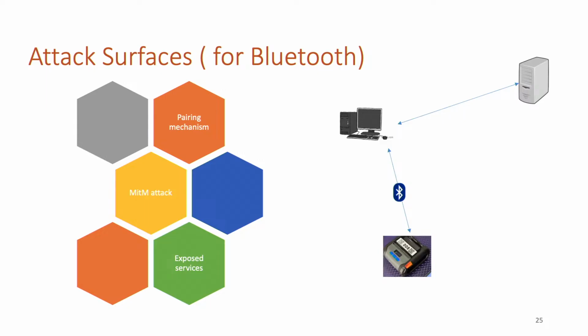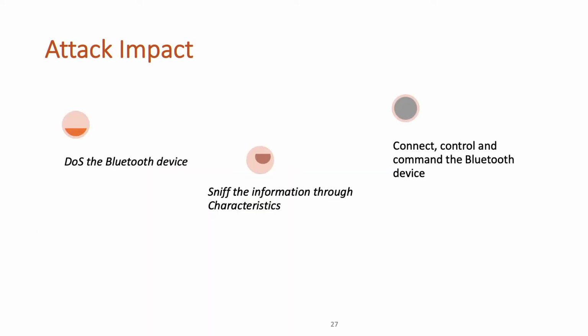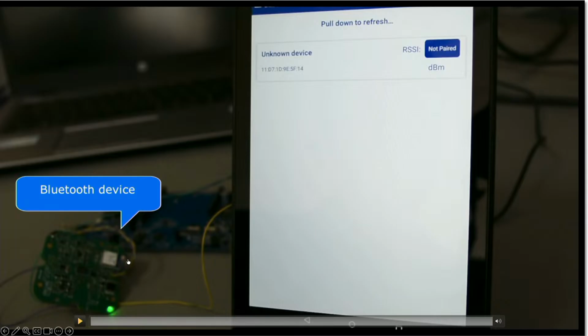If he can modify the GATT services, he can first of all malfunction the device or shut it down, and if the device is shut down, it can also interrupt the operation of OT or the supply chain, which impacts OT. So this is the process. I'll go directly to a video which will show you how it works.